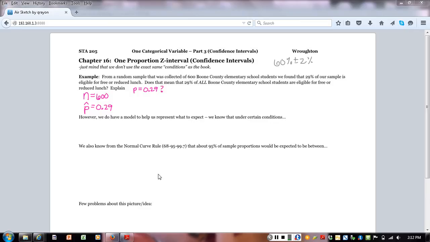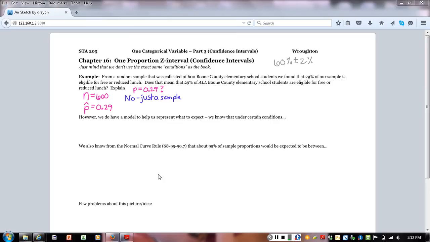Well, first keep in mind p and p hat are two different things, right? So p hat is from the sample, p is from the population. Do we expect our sample to be perfect for our population? No. It's just a sample. It could be 29%, but we don't know that it is.